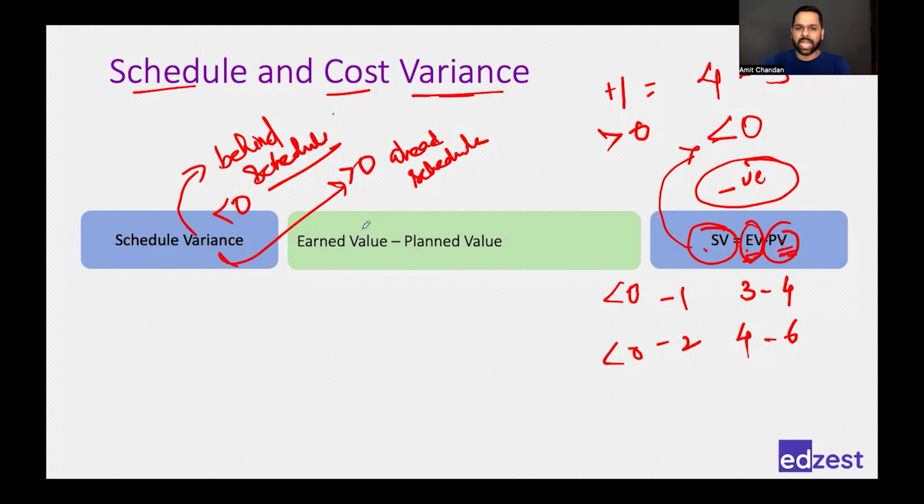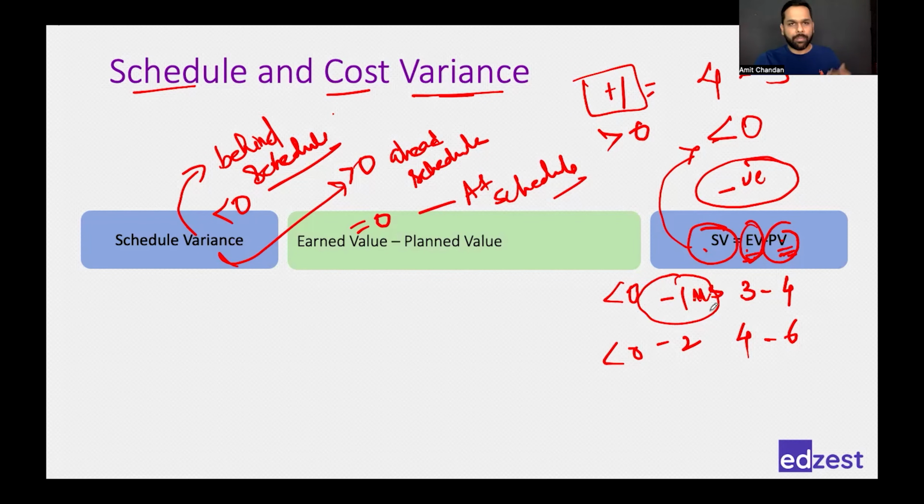And if it is exactly equal to 0, which means I am on schedule. Right? And you will come to know the exact numbers as well. 3 minus 4 is minus $1 million. So I am behind schedule by a value of minus $1 million. I am behind schedule by a value of minus $2 million.